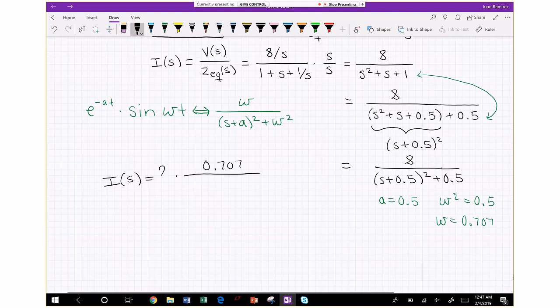And then I'm going to put 8 divided by 0.707. That ensures that this function is now in the form omega over s plus a squared plus omega squared. What is 8 divided by 0.707? It's about 11.3.